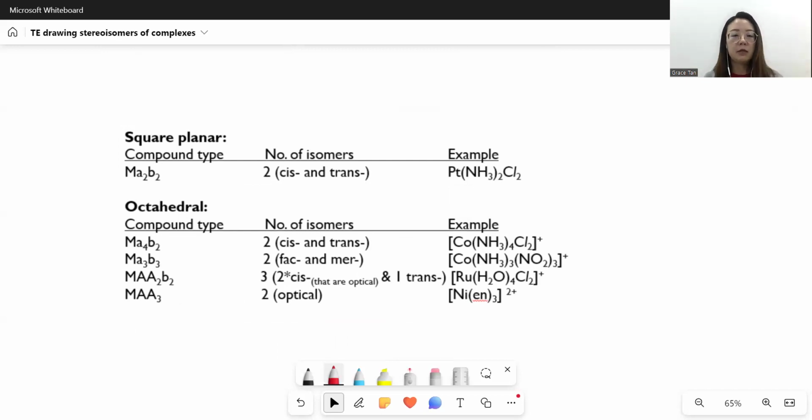But this table here shows that I open my chart diagram where I split stereoisomerism into square planar and octahedral. So square planar will have what type of formula, maybe cis-trans, and then octahedral will have what type of formula, and they have cis-trans or mer-fac or a mixture of cis-trans and optical. Up to you on how you want to look at it. But in total I have covered 5. You just need to know these 5 and you're good to go.